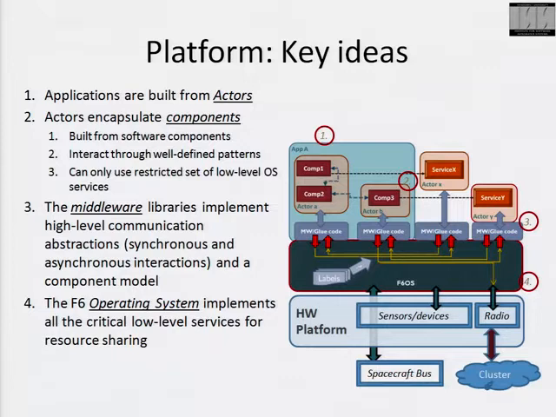And the components only communicate through messaging. So there's no shared memory. There are no pipes. And this is all supported by a user space middleware library. And the middleware library is what implements the high-level communication abstractions, so the anonymous pub-sub and the point-to-point.